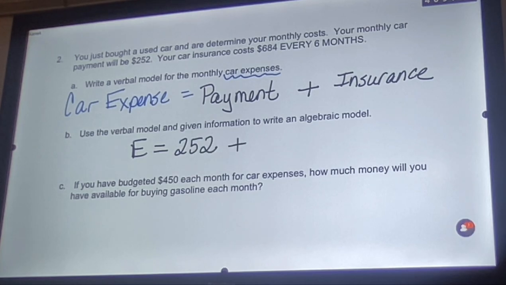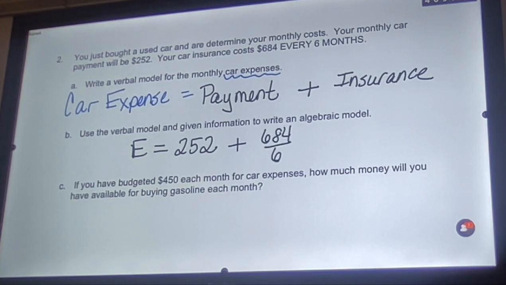And then Kenny, in addition to that, it says we are paying $684 every 6 months. So if I wanted to figure out a monthly cost, what could you do with that? $684 every 6 months. How could I figure out how much it would be for 1 month? Divide by 6. Yeah, so we're gonna take that 684 and divide it by 6.